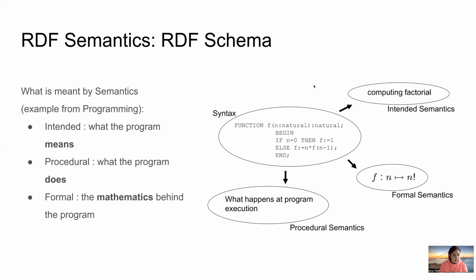So in the same way, we need to think of different types of semantics. What is the formal semantics of RDF that we express with RDF schema, what is the intended semantics that the symbols we use allow us to express, and also what happens once we run the reasoner following certain symbols.